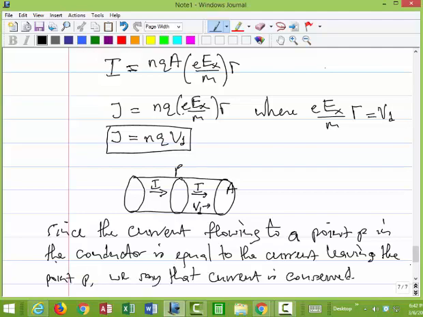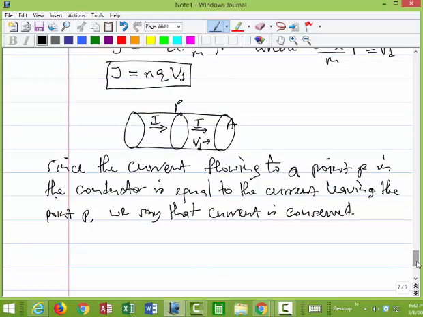So by conservation of current, it means that current cannot be created or destroyed. So the rate at which current leaves one segment is equal to the rate at which it appears at another segment.